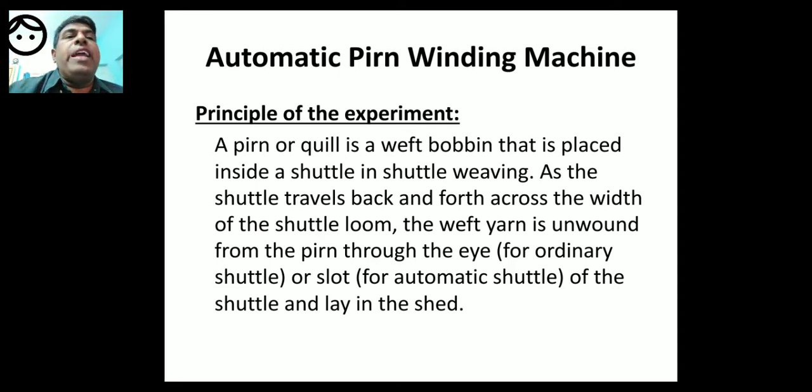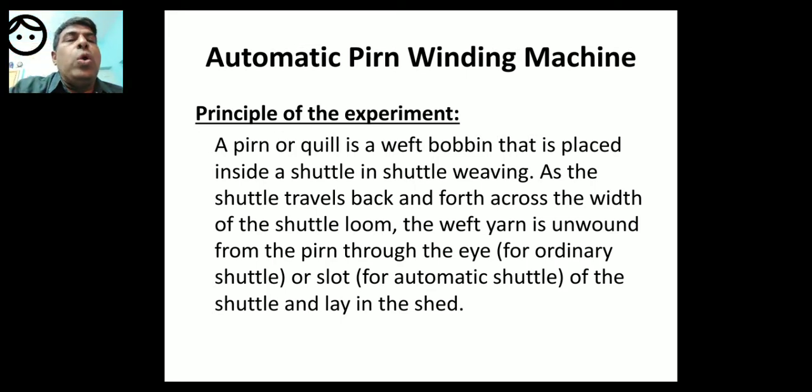So pirn winding, why I am saying this, is because a pirn is a weft bobbin that is placed inside a shuttle in shuttle weaving. That's why I told you about shuttleless weaving, where there is no need of pirn and pirn winding is almost eliminated.